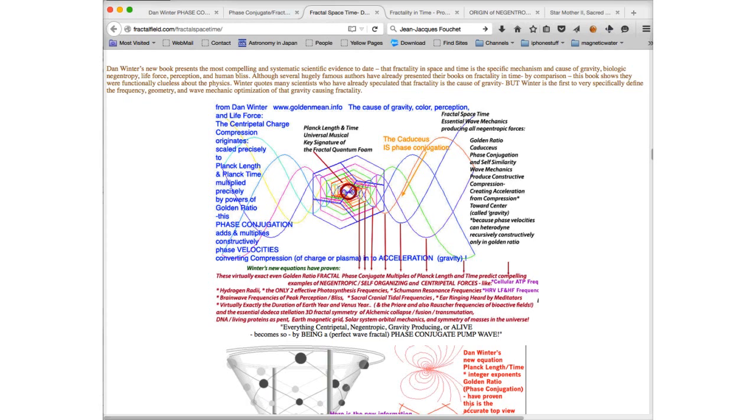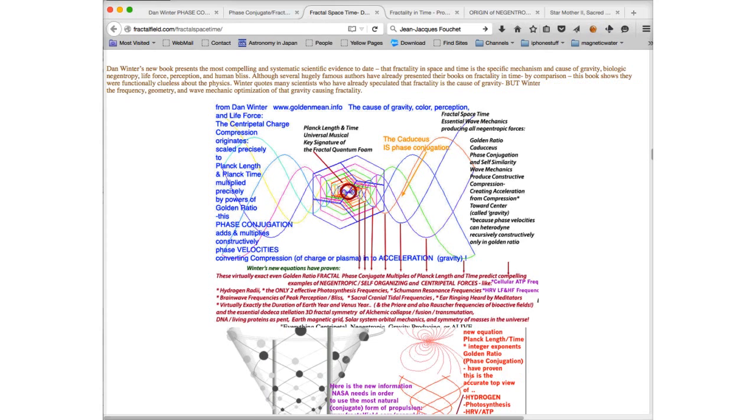And they land us on a prediction of the key signature of most self-organizing phenomena, like the geometry of hydrogen, the geometry of photosynthesis, brainwave geometry of bliss, the harmonics of the Schumann resonance, the sacrocranial tidal frequencies, the ear-ringing harmonics heard by meditators, the duration of the Earth year and Venus year, and the frequencies that Elizabeth Rauscher and Prieuré used for bioactive fields, healing and pain elimination, and lots of cool stuff. This becomes a key signature for bioactive, that is, healing electric fields. So now we're going to play with those examples.